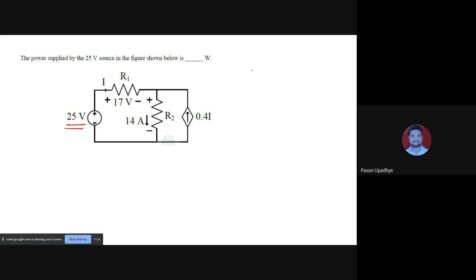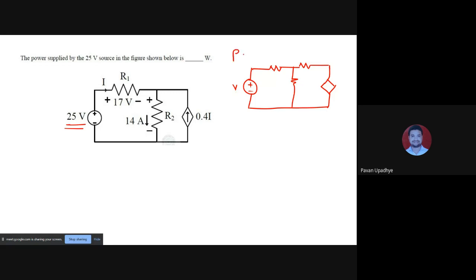Now please pay attention. In any circuit where a voltage source is given and a number of resistances and other things are connected, it doesn't matter what is connected if we want to find the power. Why?